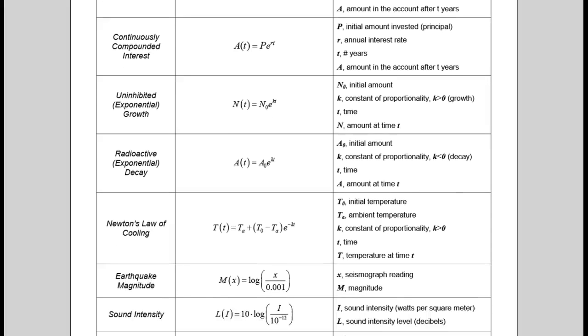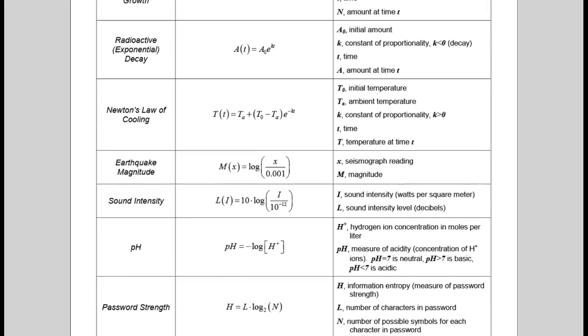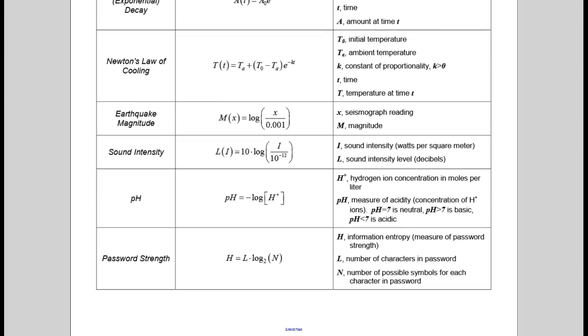Moving down to some of the formulas at the bottom of the page. Some of these are really obscure, I'm going to be honest with you. I can't picture you necessarily looking at the intensity of sound outside of maybe being a sound engineer, but we are going to do a problem like that just so that you're familiar with it when you get to WebAssign.